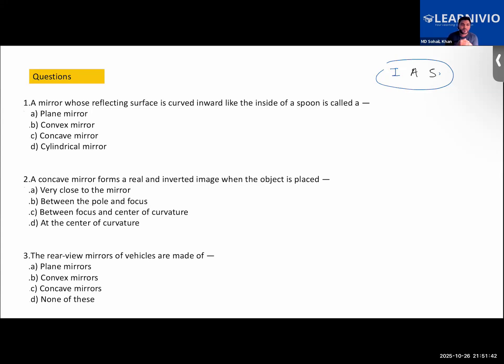Okay, so the answer for the first one is a mirror whose reflecting surface is curved inward like the inside of a spoon is called convex mirror. What about you, Ayush? No, it's concave mirror. Okay, Ayush, hurry up. Yes, sir. 1 minute, sir. Okay, Salman. Sir, 1 minute, I'm just confused a little bit. We should not be taking 1 minute to answer this question.